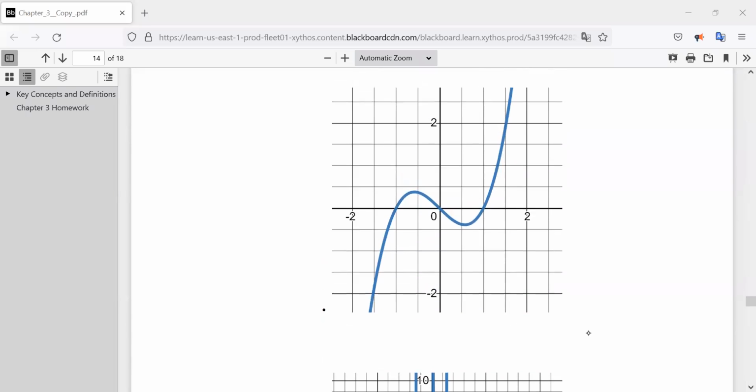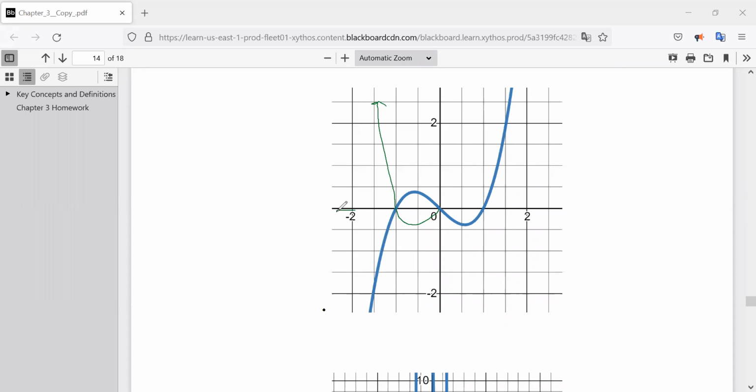What about this one? Odd. Yes, this is odd. If I flip this over the y-axis, then flip it over the x-axis, you get something that looks like this, right?